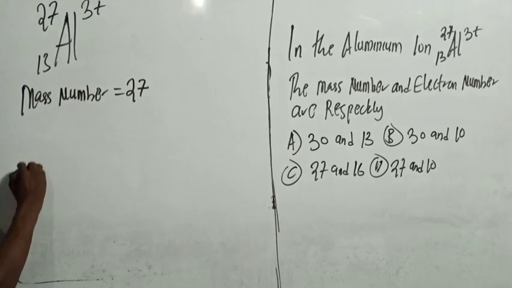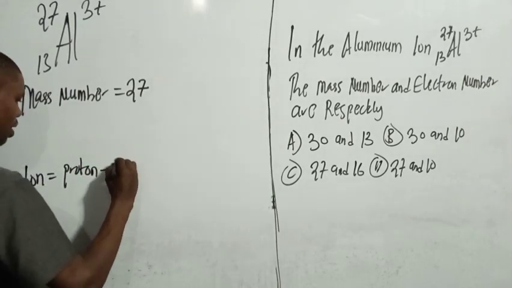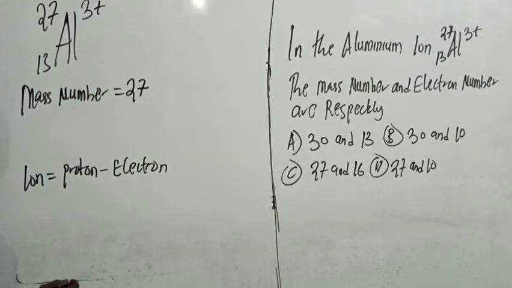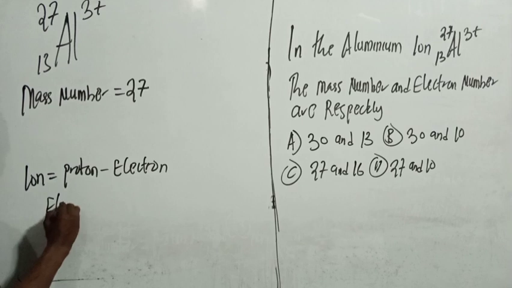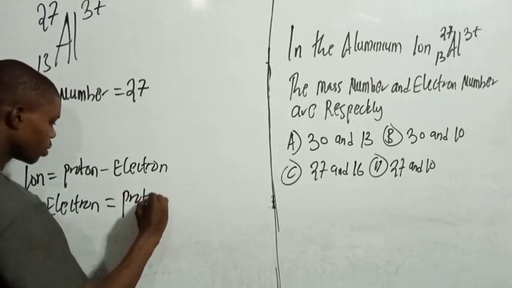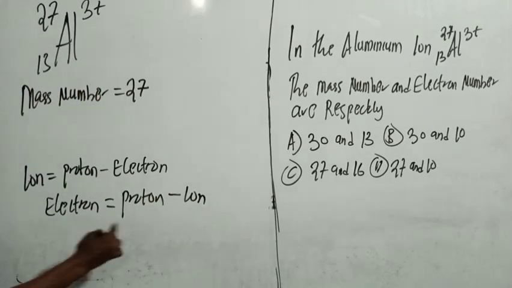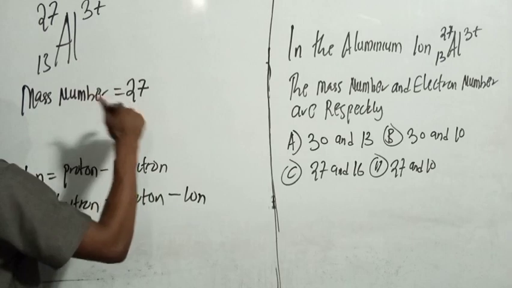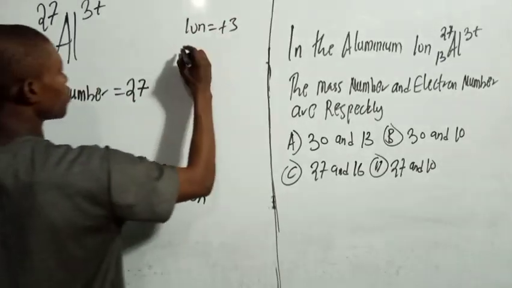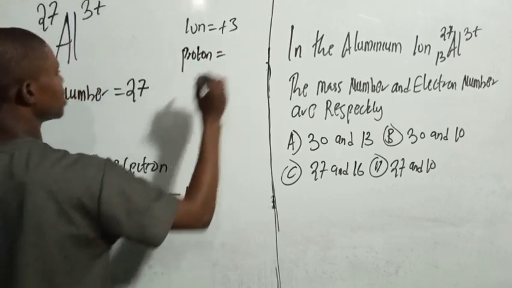Remember I told you that ion equals proton minus electron, right? So if you make electron the subject of the formula here, the electron number is going to be proton minus ion. My ion here is equal to plus 3. My proton number is equal to 13.